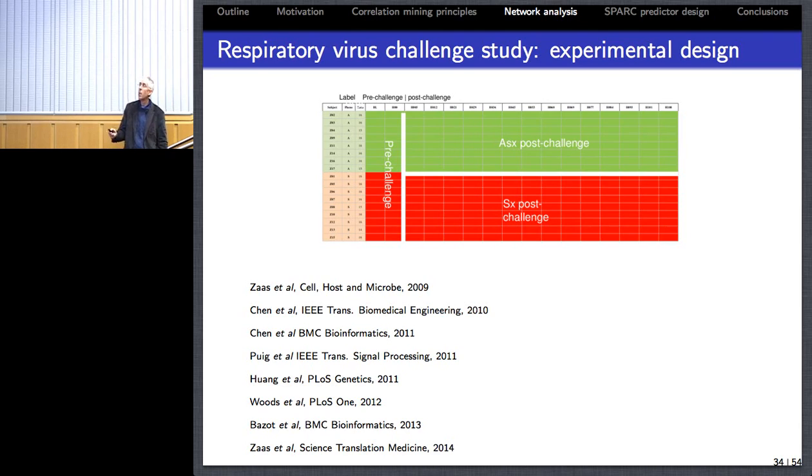This is time here. So we've divided, post hoc, the subjects that were asymptomatic and those that were symptomatic into 2 groups. We had an attack rate of approximately 50% in this study. And so these are gene chips that were collected. This was in previous generation technology because we did this experiment in 2008.